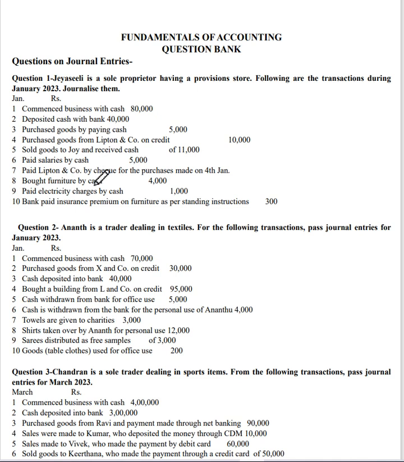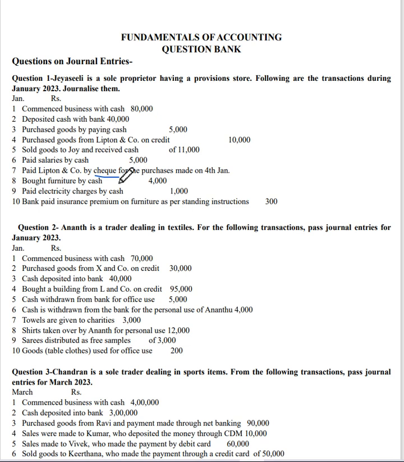Next, paid Lipton and Company by check for the purchase made on 4th January. From Lipton and Company goods were purchased worth rupees 10,000. Now the whole 10,000 amount has been paid back to Lipton and Company by check, which means not through cash.